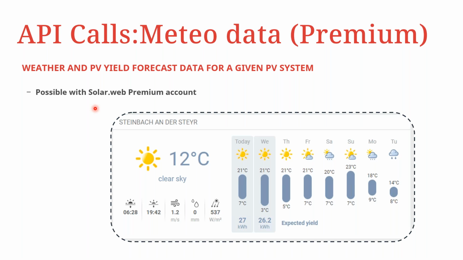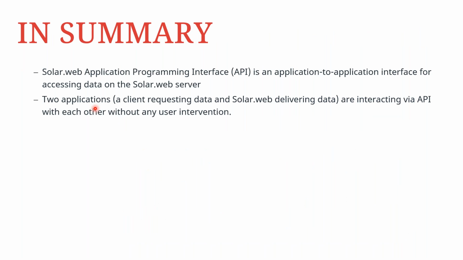So in summary, the SolarWeb Application Program Interface, or API, is an application-to-application interface for accessing data on SolarWeb servers. This allows two applications, the client and the server, for example, the client requesting data from SolarWeb, and SolarWeb delivering the data back, interacting via the API with each other without any user interface.